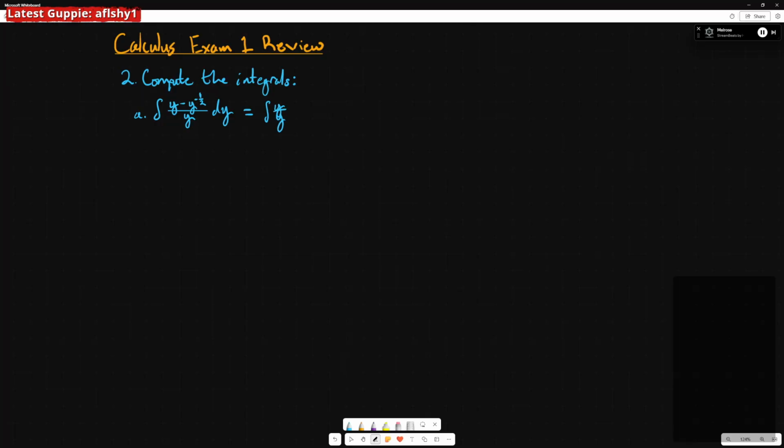Y over Y minus 1/2 over Y dy, which is equal to the integral of 1 minus Y to 1/2 over 1, right?